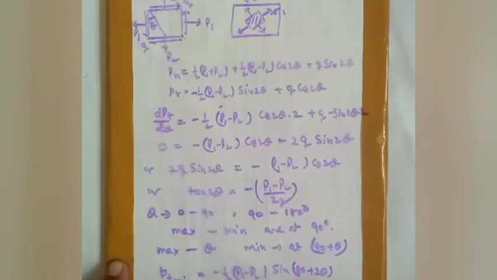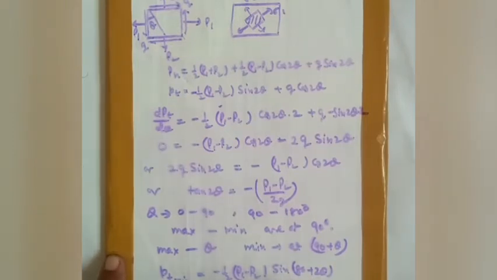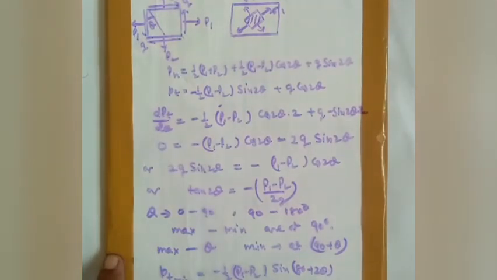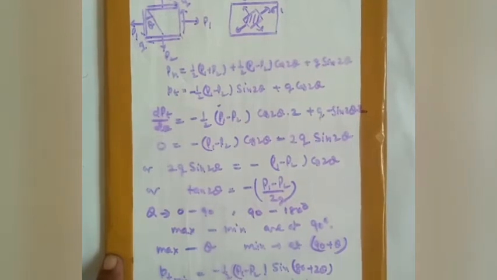Sine 180 plus 2 theta will be minus sine 2 theta. So only sign changes, 1 by 2 (p1 minus p2) sine 2 theta, and cos 180 plus 2 theta would be minus cos 2 theta. So this becomes minus q cos 2 theta.